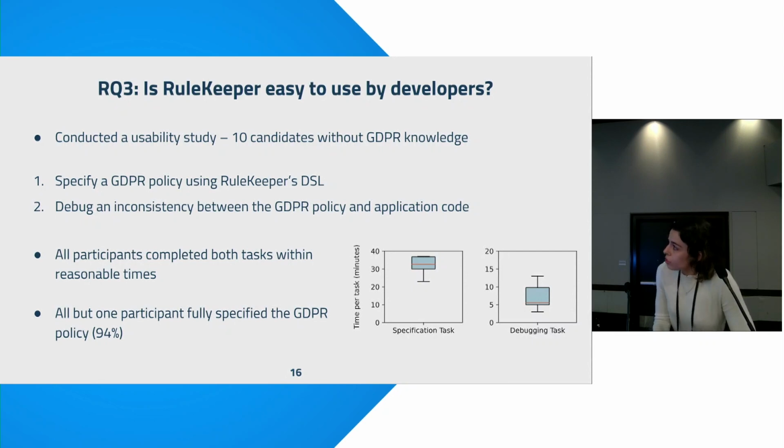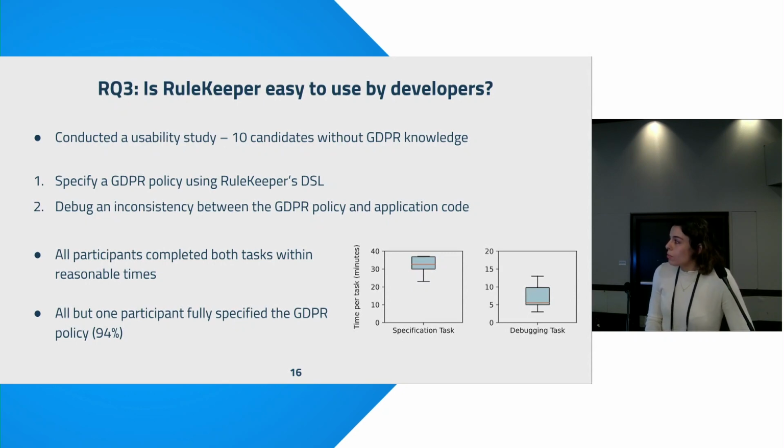For the third question, if RuleKeeper was easy to be used by developers, we conducted a usability study with 10 participants with no prior GDPR knowledge, and we asked them to perform 2 tasks. We asked them to first specify a policy using our DSL, and we also asked them to debug an inconsistency using our static analysis tool. All of them completed both tasks within reasonable time, as we can see here from the plots on the right.